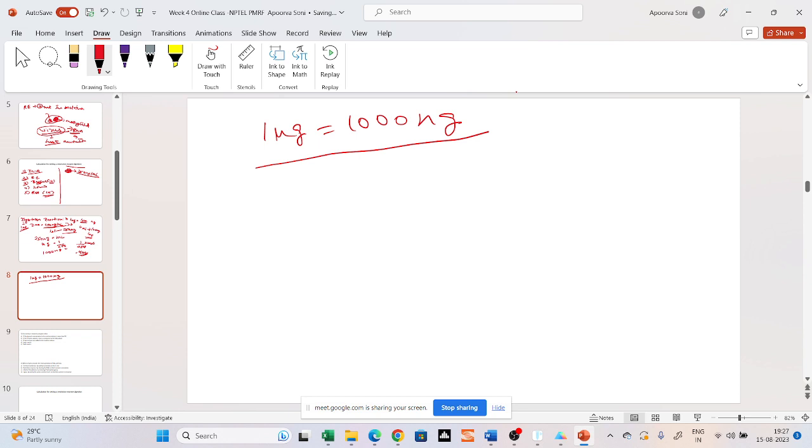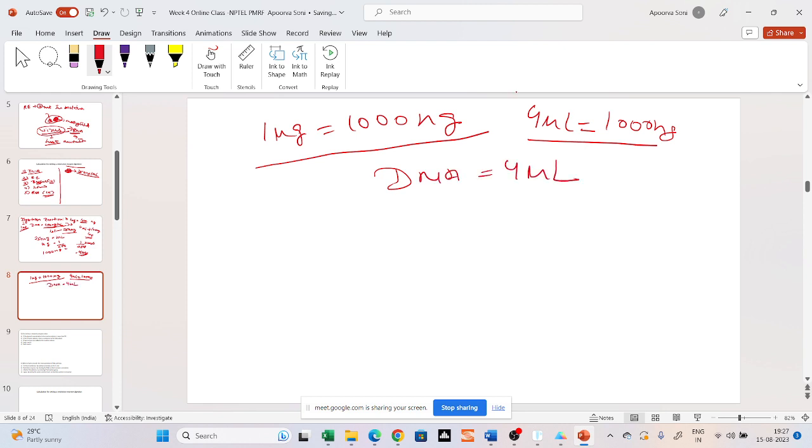Whatever DNA concentration we have, accordingly we will calculate. So here we got our DNA as 4 microliter, which equals 1000 nanograms of DNA. So first my DNA is 4 microliters.